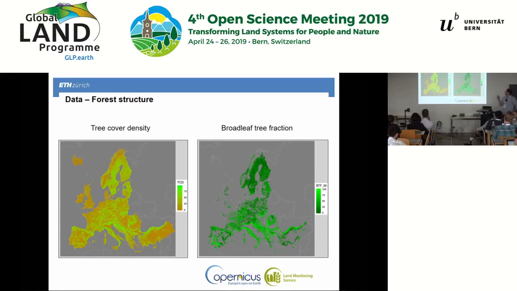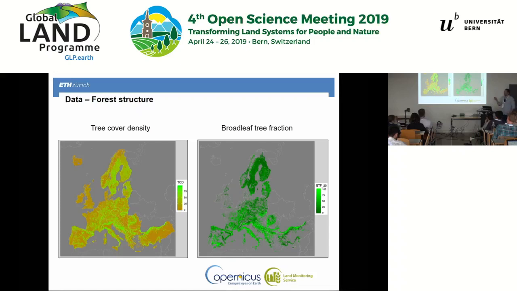I'm also using data about the broadleaf tree fraction, which tells me which pixel is broadleaf forest and which is needleleaf forest. I'm not sure if that's the best data available for Europe at the moment. Maybe you have some suggestions there.